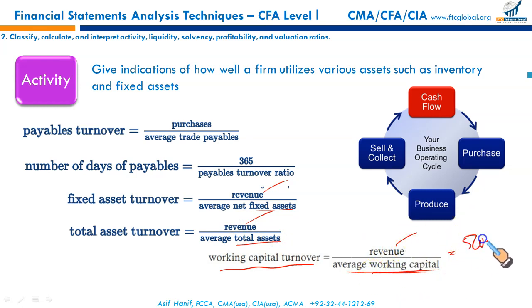For example, if your revenue is $500,000 and your working capital is 50,000, the result is 10. So it means for $1 investment in working capital, sale generated is $10. Good or bad, again, it's totally dependent upon the context, and you're talking about a comparator, maybe your competitor, industry average, or prior years could be the base to give a judgment. All right, moving on.